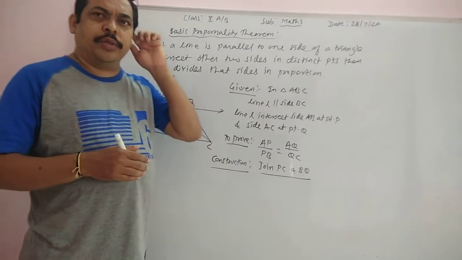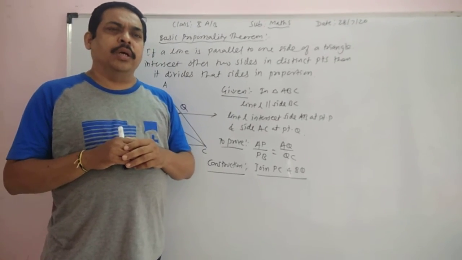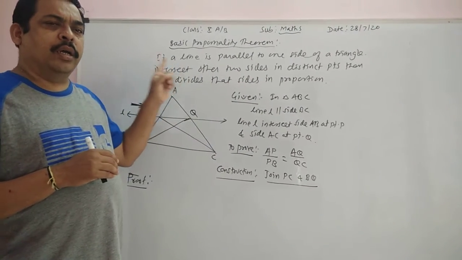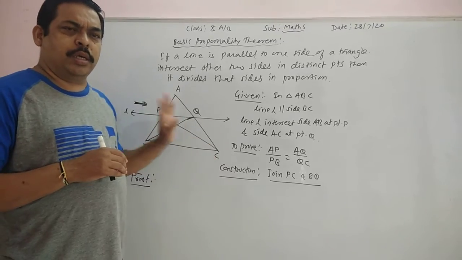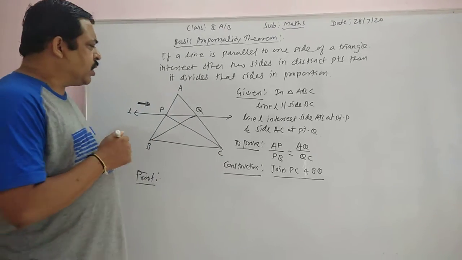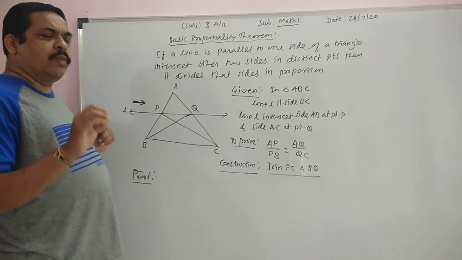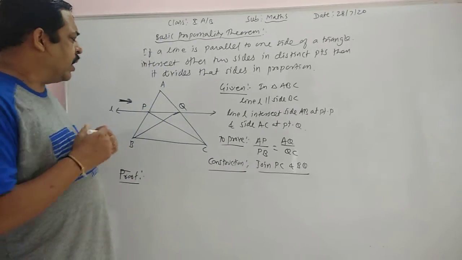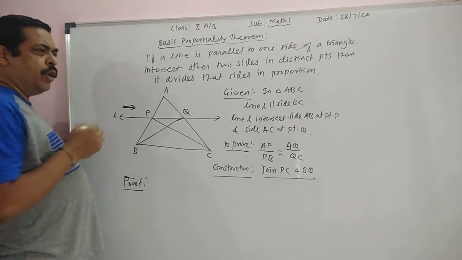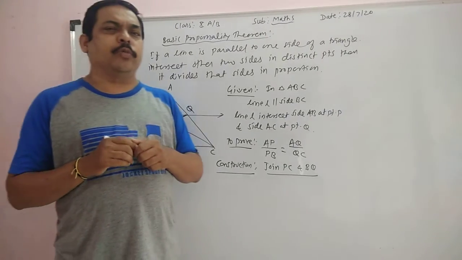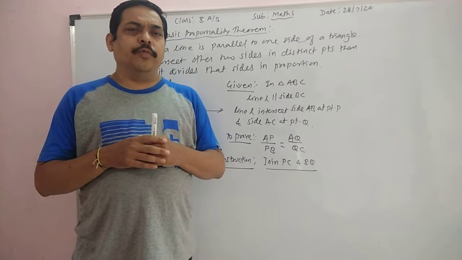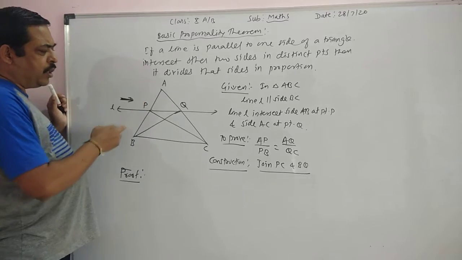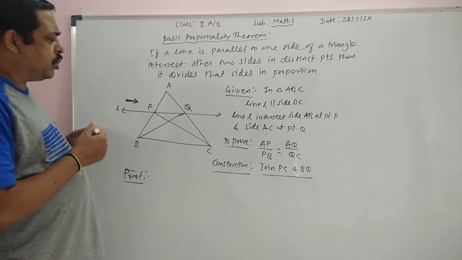In the triangles, the name should start from a vertex of the triangle ABC. That you must keep in mind. We know that area of triangle is equal to 1/2 base into height, a simple formula which we learned in 5th standard.